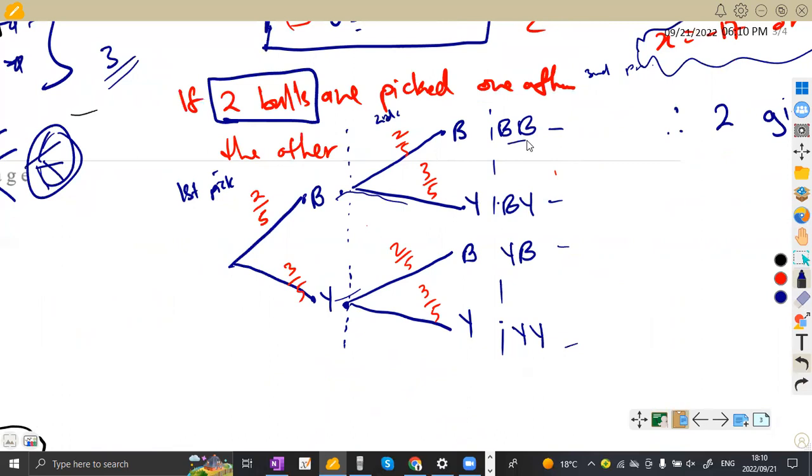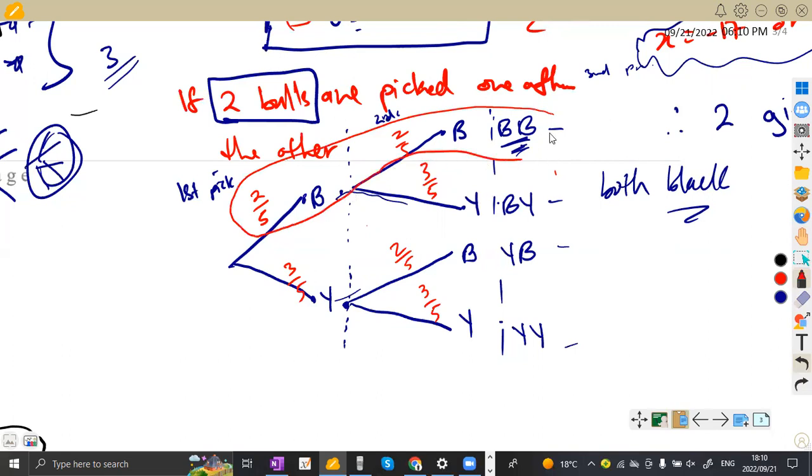So when you are saying black, black here, it is the probability of picking both black. Which means you're going to take this part. For the outcomes which are here like these ones, you multiply them. You multiply these outcomes. Are you together? If you are dealing with yellow and yellow, you multiply them.